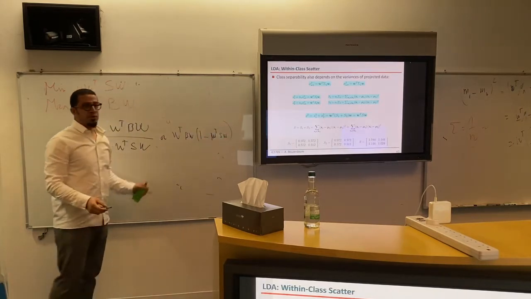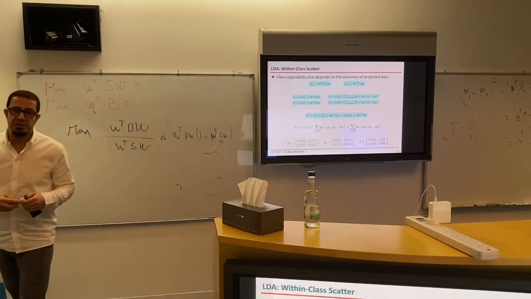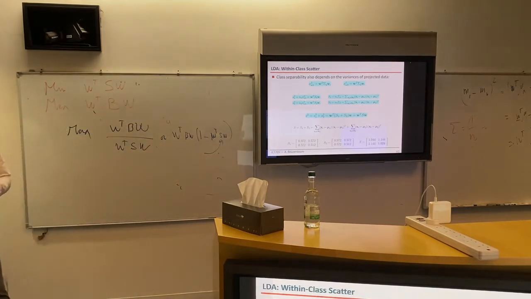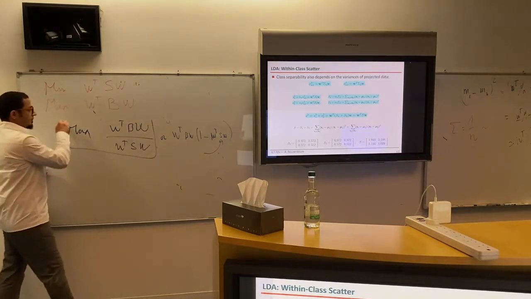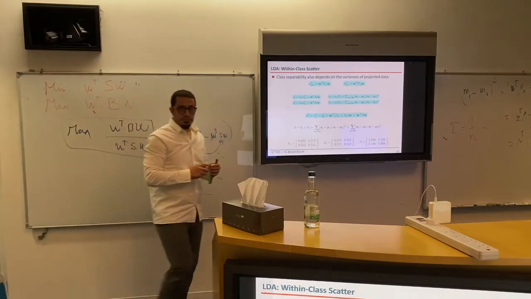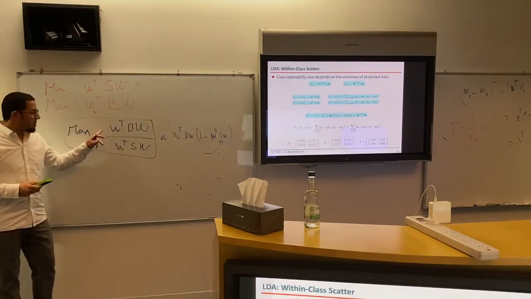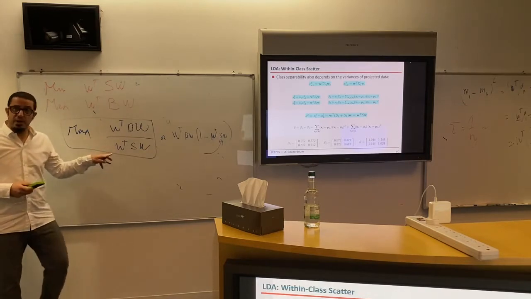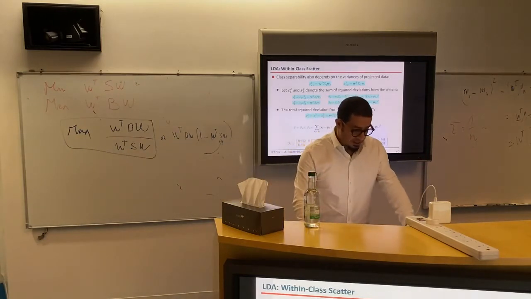You see, if you want to maximize this one, you have to minimize this one. Whatever you want to use, which one is the best, most LDA uses the ratio, okay? Because if you want to maximize the ratio, you have to maximize the numerator and minimize the denominator. Clear the idea?